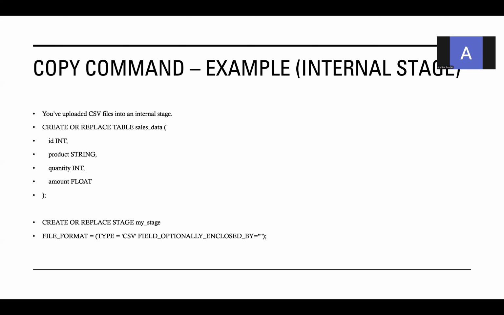First you are going to upload the CSV file into the internal stage and then into the Snowflake table. So the CSV file comes into the internal stage, and from there it moves to the Snowflake table. For that, first you have to create the stage and for this the file format. So what is the file format?